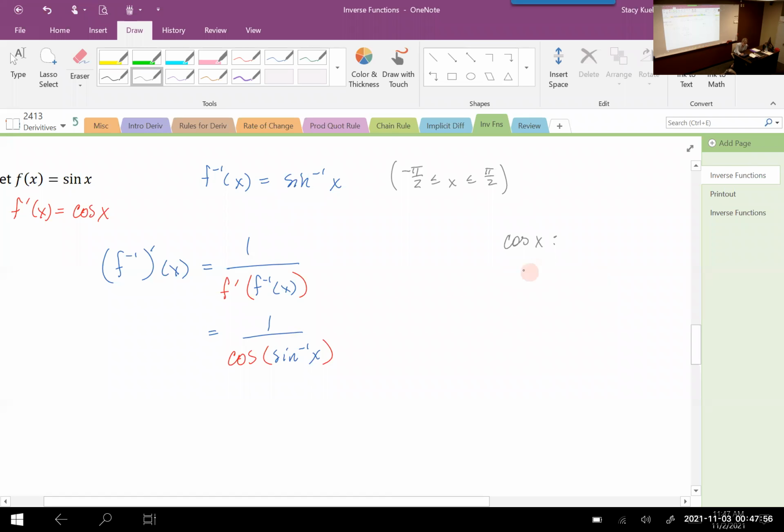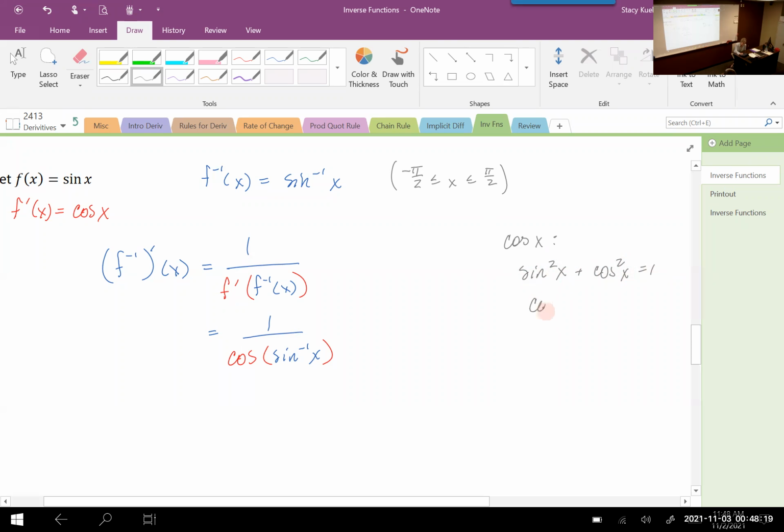So I have sine squared x plus cosine squared x is equal to 1. I'm going to rewrite this identity, solving for cosine.